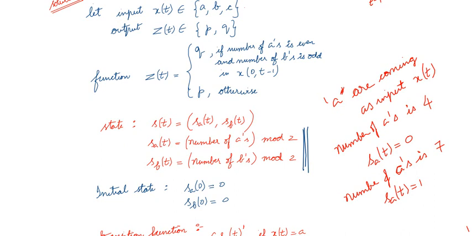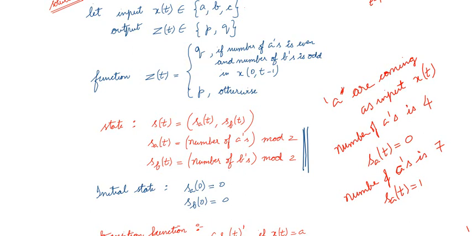Because the question clearly says, output z of t is equal to q only when the number of a's is even and the number of b's is odd. If the number of a's is even, SA of t is 0. If the number of b's is odd, SB of t is 1. So 0, 1: for that the output is q.